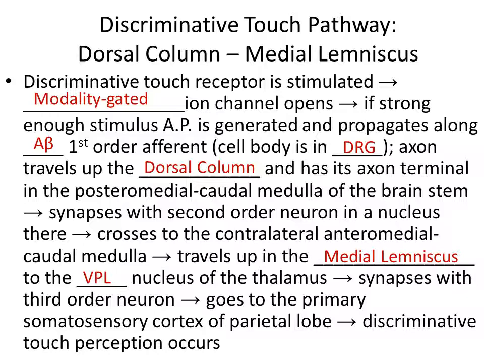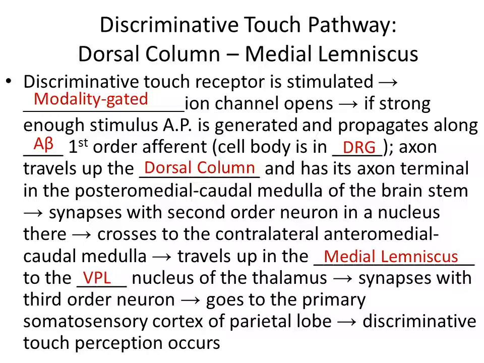This is going to propagate along the A beta first order afferent. The cell body for our A beta first order afferent is in the dorsal root ganglion. The central axon is going to travel up the dorsal column.